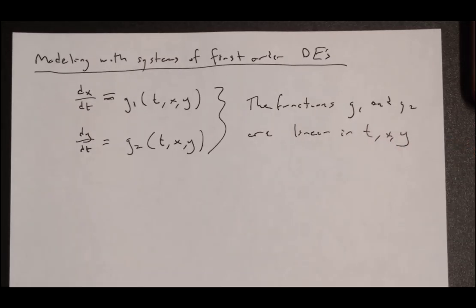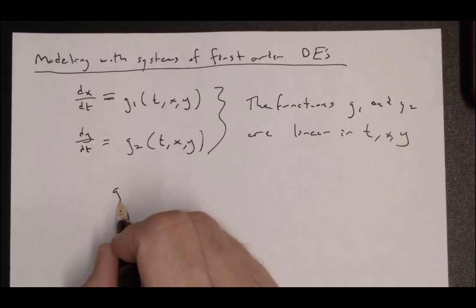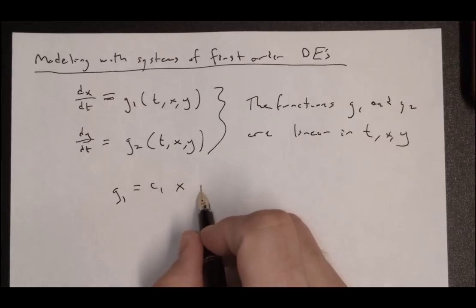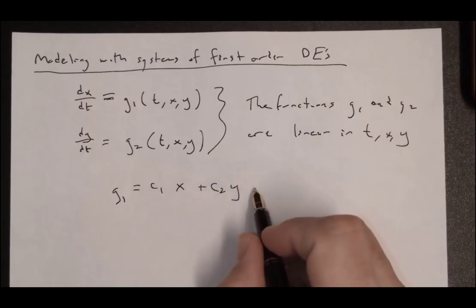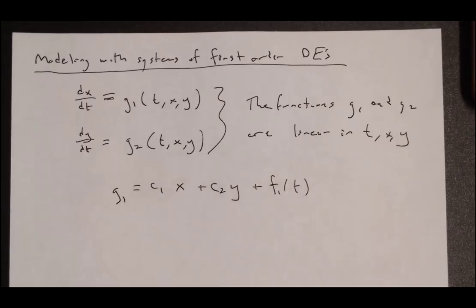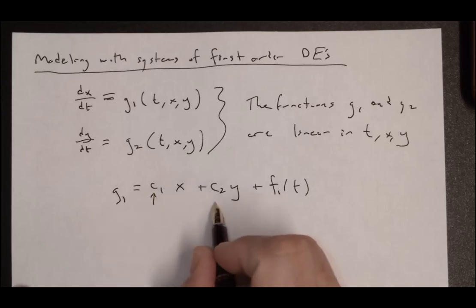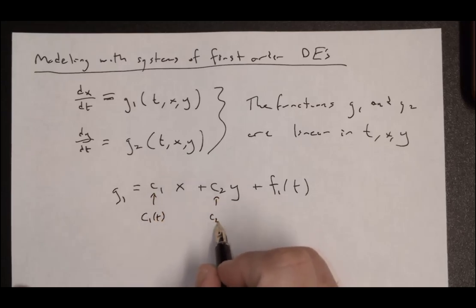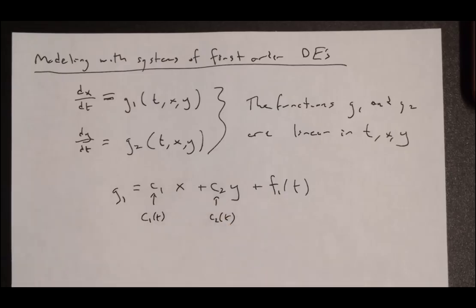So something like this. Now, C1, C2 could be C1 of t or C2 of t.